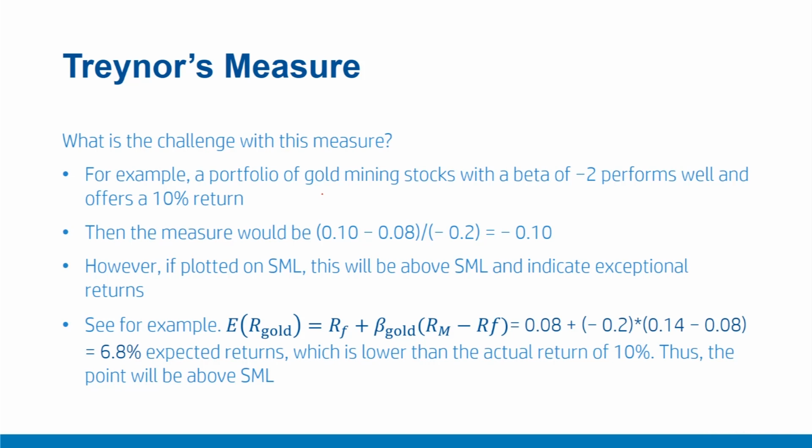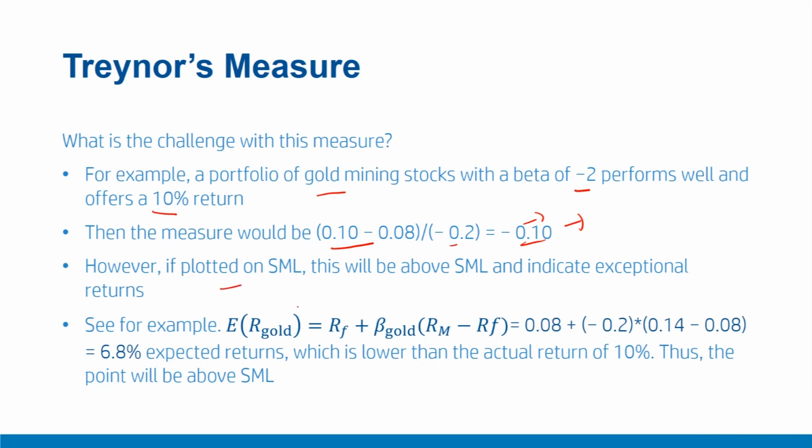For example, consider a portfolio of gold mining stocks with a beta of -0.2. It performed very well and offered 10% return. Therefore, the performance measure is 0.1 minus 0.08 divided by minus 0.2, which is equal to minus 0.10, which is negative. So the measure suggests a very poor performance.